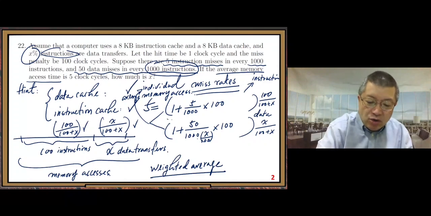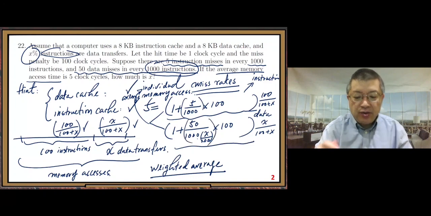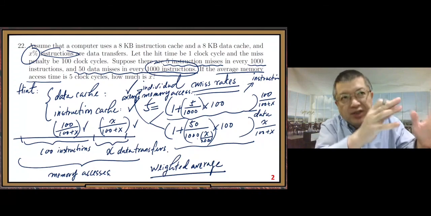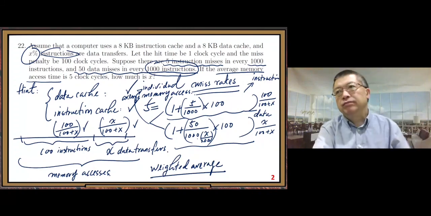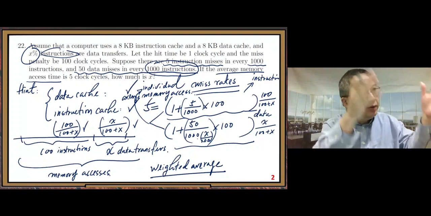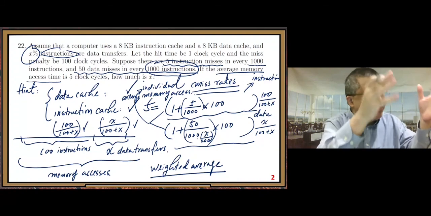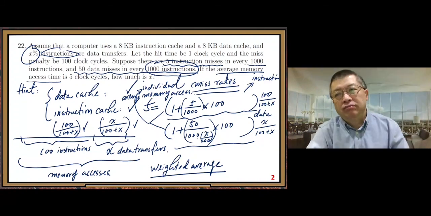In the individual times, you need to figure out the right way to represent the miss rates, mainly the denominator: how many total memory accesses there are with respect to that particular cache.